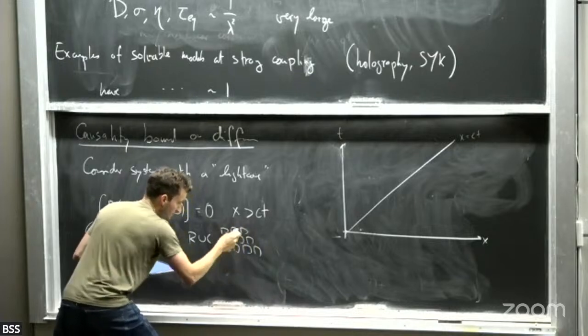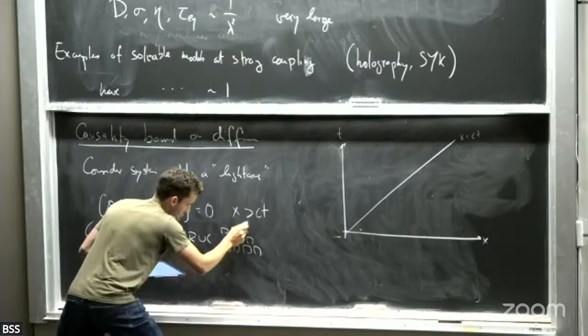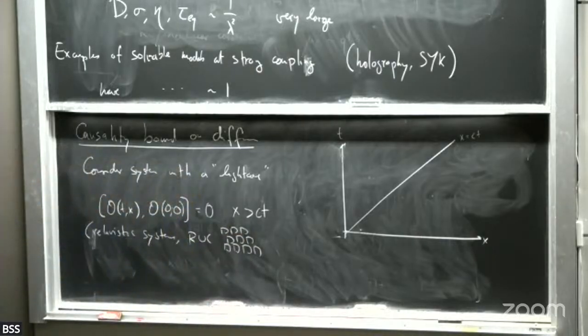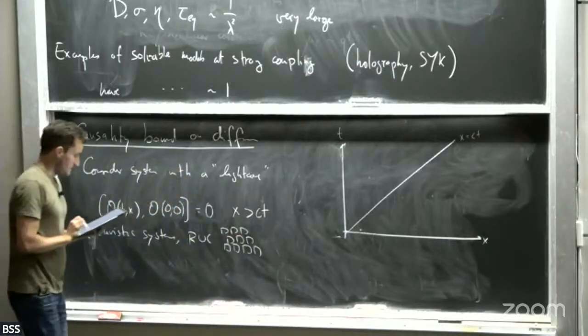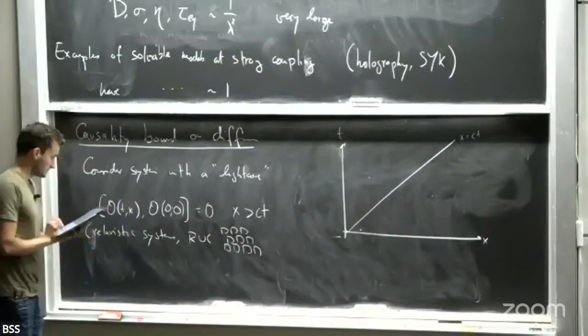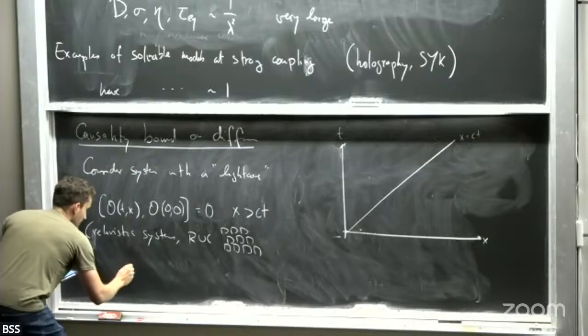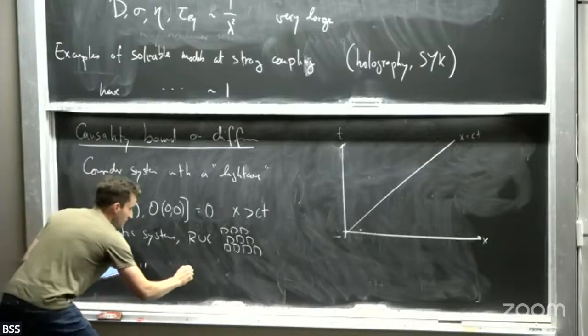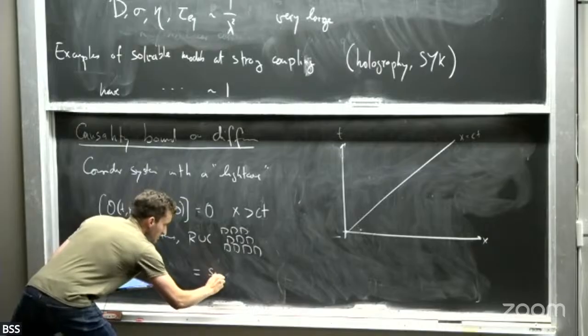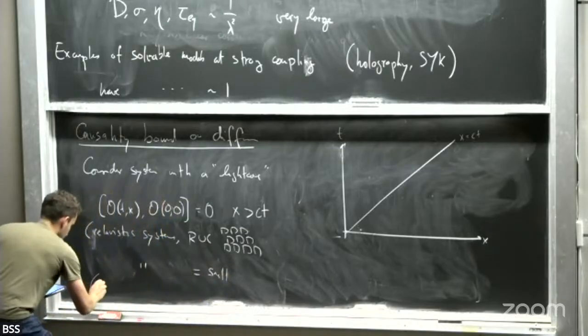Then you have a light cone, because you can't go faster than this velocity. But it applies approximately to local lattice models, where this commutator is not zero, but it's very small, thanks to the Lieb-Robinson bounds.